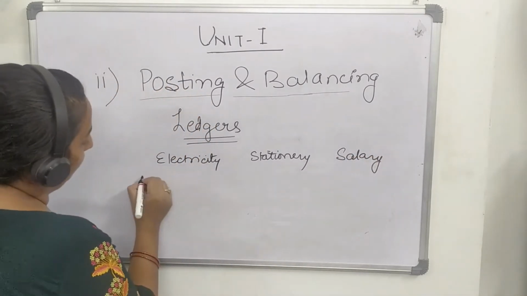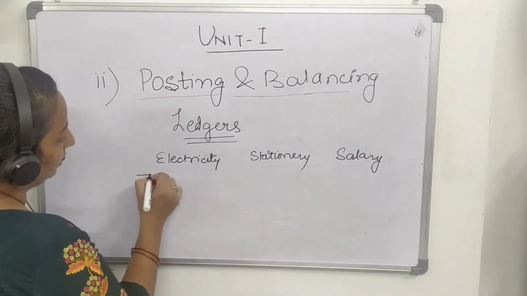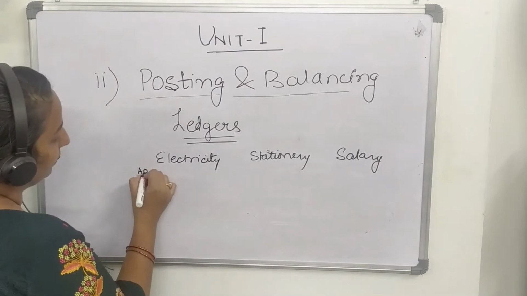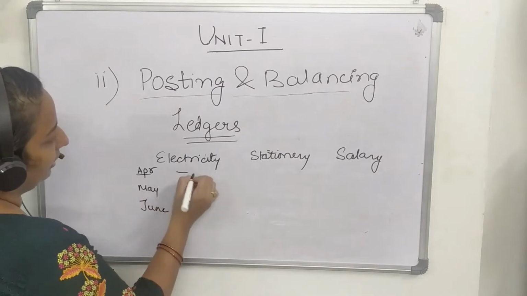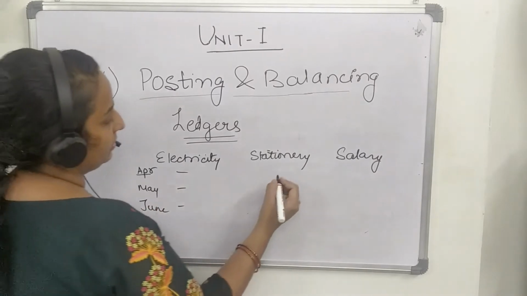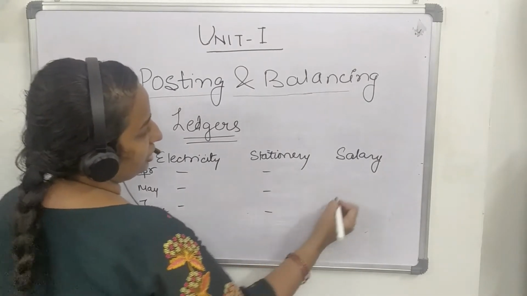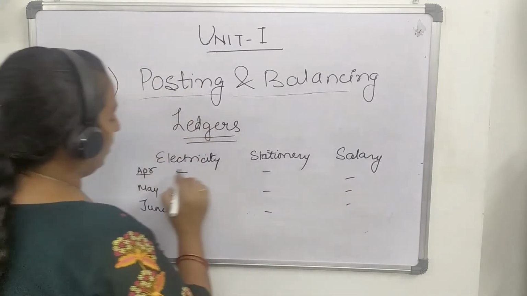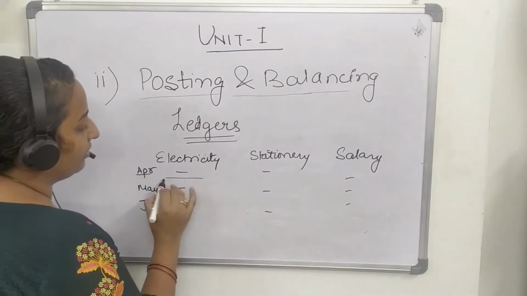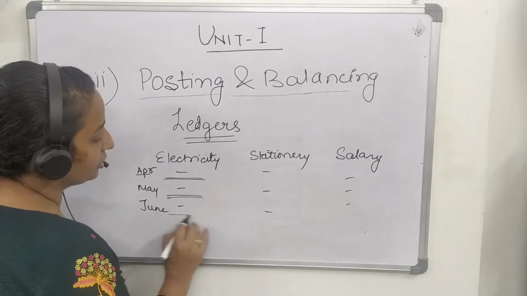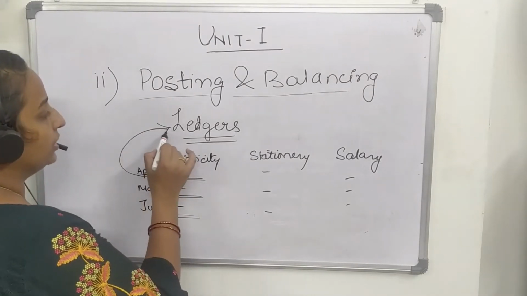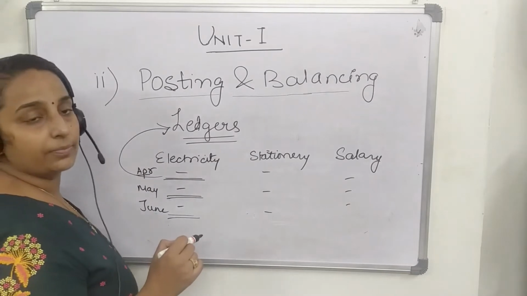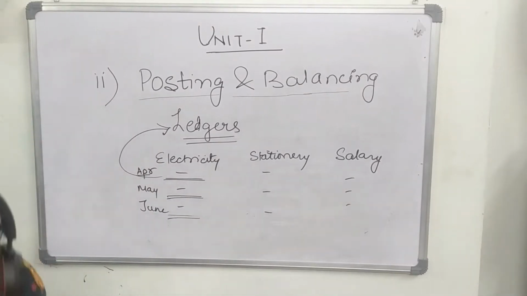Now, every month, starting with April, May, June, we have entries for the same. Similarly, transactions for stationery, similarly for salary. So every month, whatever entry is passed for a specific expense will be posted to its specific ledger.